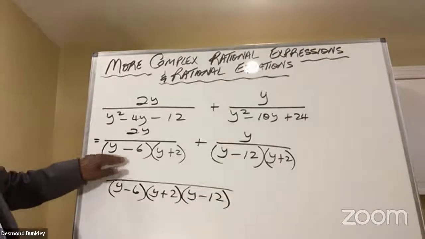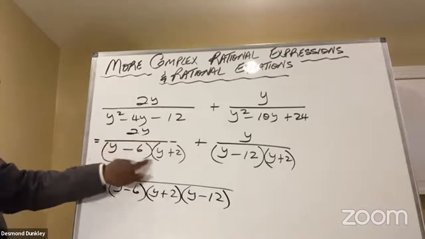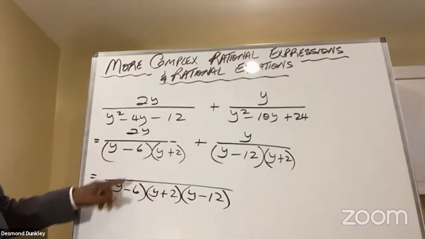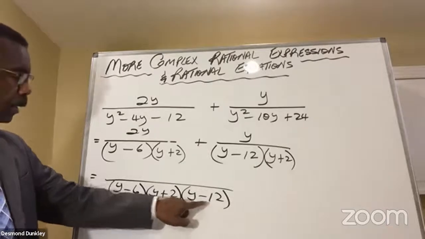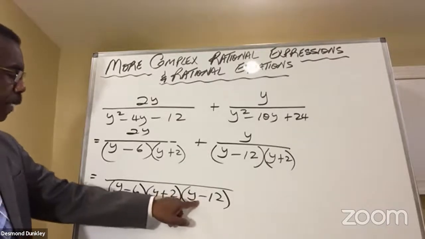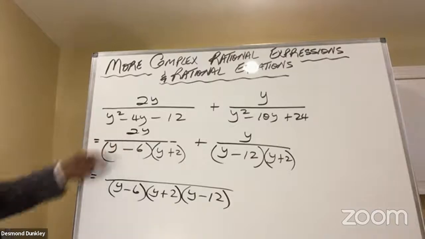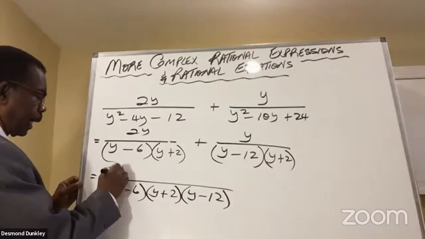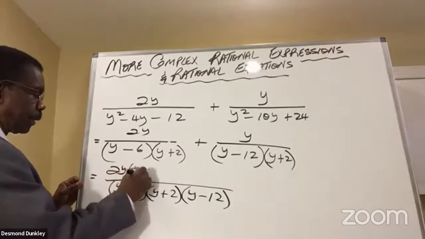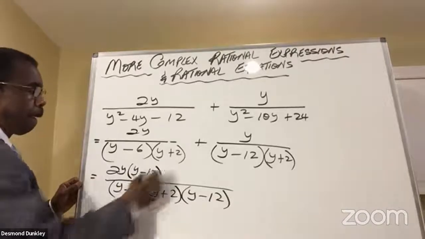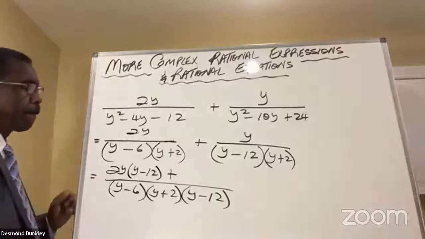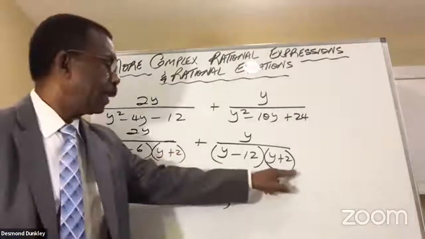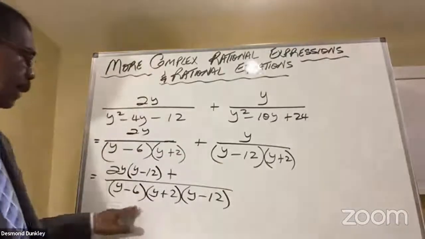Now, when you look at this fraction, what was introduced to this denominator? We say, oh, y minus 12 was introduced. So we take the y minus 12 and multiply the top. So now we have 2y times y minus 12, plus. What's the difference between this denominator and this?